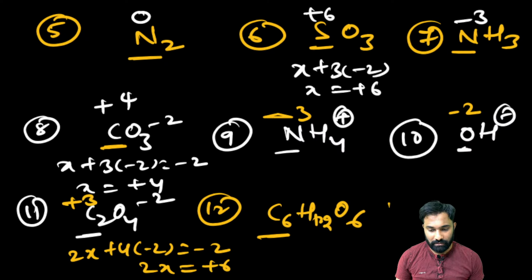My dear friends, you have to be very careful with this one. Carbon maximum it can show only the plus 4 oxidation state. Here it is a plus 3.